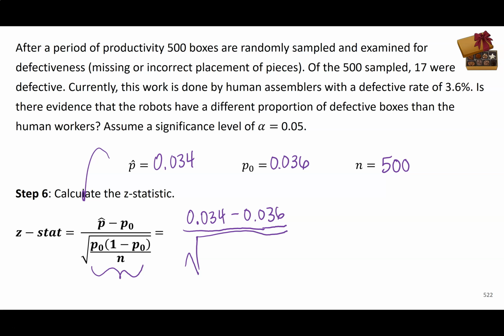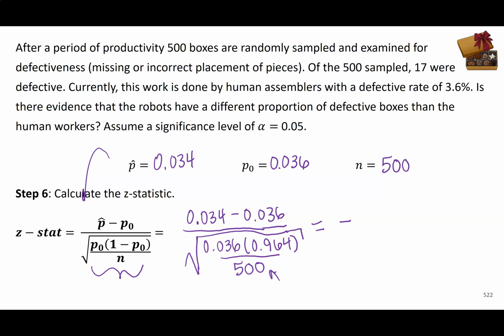Then 0.036 times 1 minus 0.036 is something like 0.964, over 500. That 500 is going to make this standard error on the bottom pretty small.